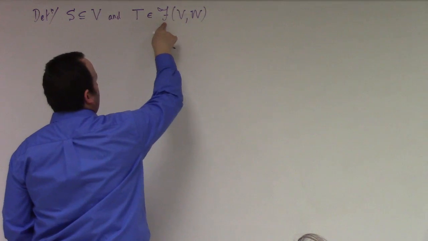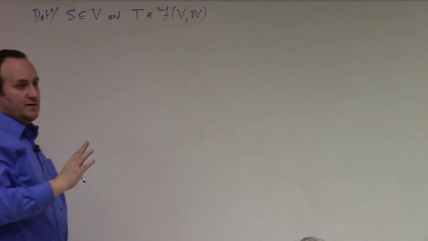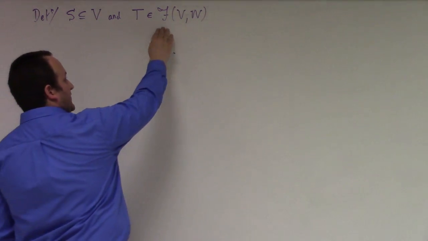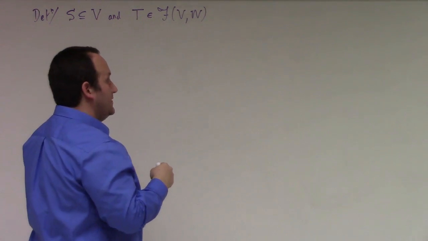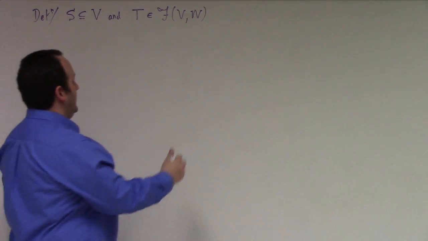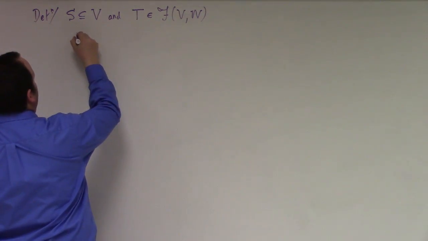So here, this is just functions. I don't assume linearity there per se. Just any single valued assignment of things in V to things in W, that's a function. There are many things in here which are nonlinear, right? Like L of V, W is a subset of that, a very small subset. Anyway, given that, we can define T of S.